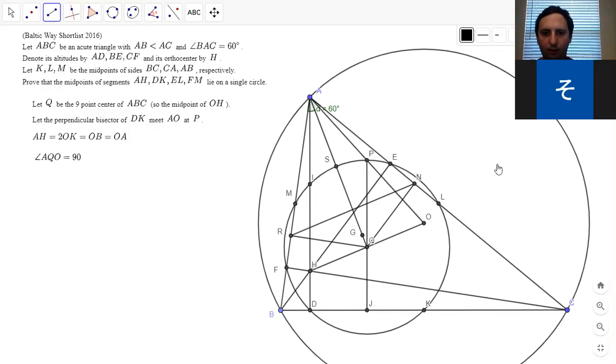I wonder if there's a way to calculate angle RNJ.